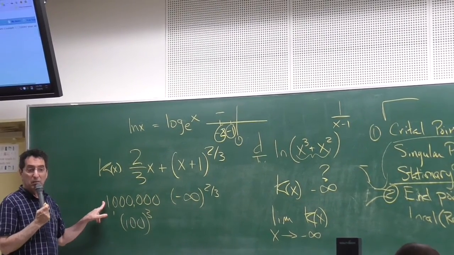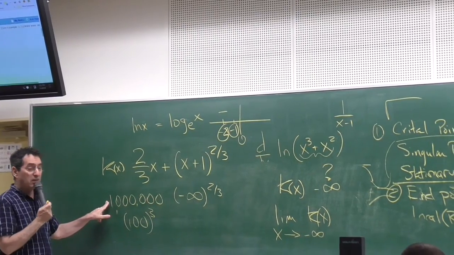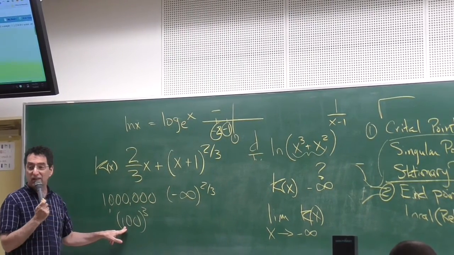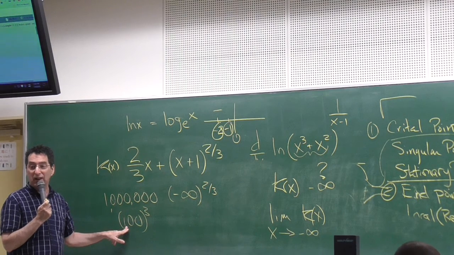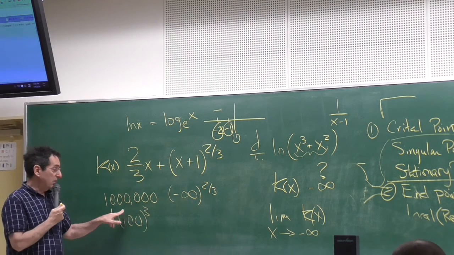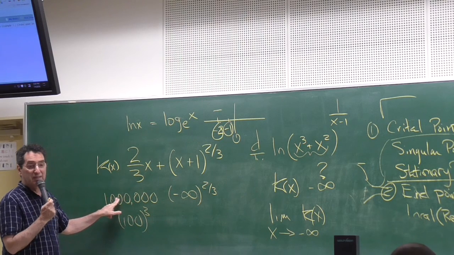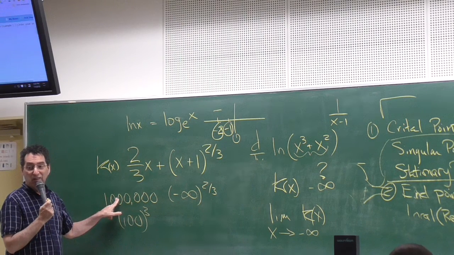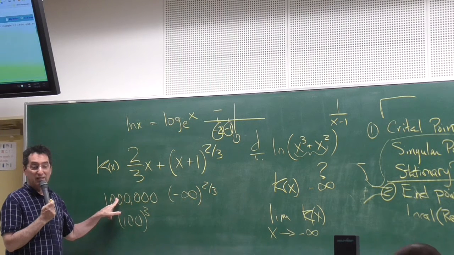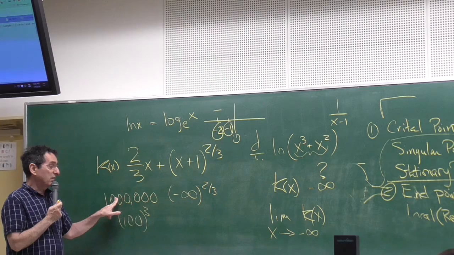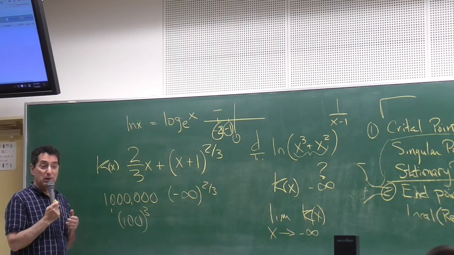The cube root of something bigger than 1,000,000 is going to be bigger than 100. It's still getting bigger, just not as quickly as the original number. But you can still make it as big as you want, and then squaring that makes it even bigger.